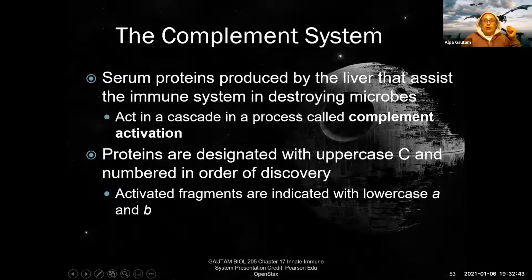And they work in tandem with each other, this group of complement proteins, and they create biochemical reactions. It's called complement activation. So it's this cascade of events that occurs because of the interactions of these different proteins.